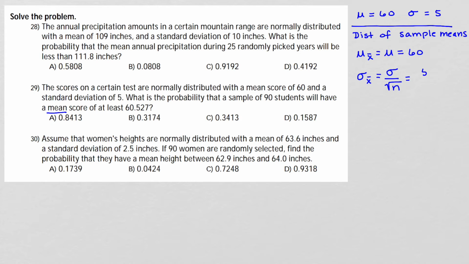So in this case, that's 5 over the square root of 90.